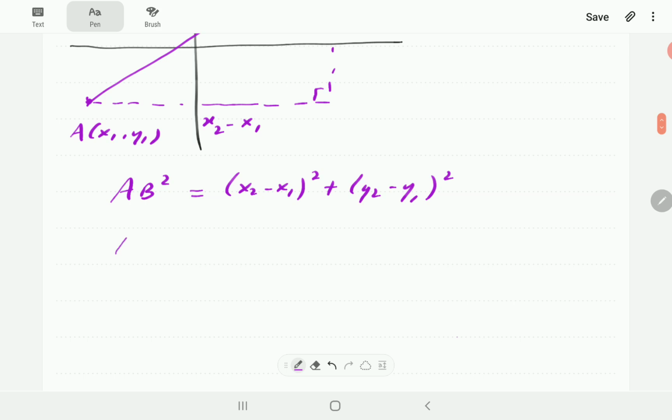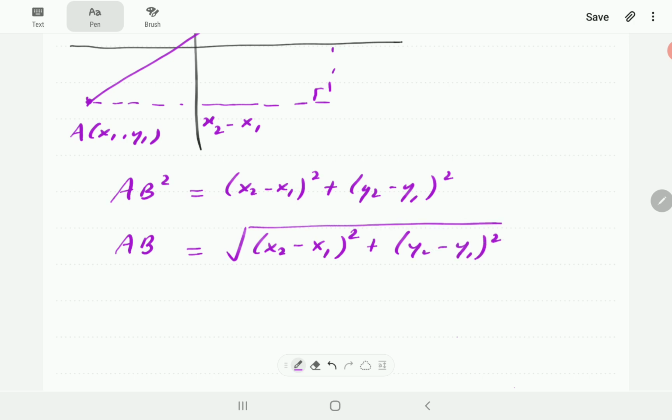Then taking square roots on both sides tells us that the length of the straight line from x1, y1 to x2, y2 is going to be the square root of x2 minus x1 all squared plus y2 minus y1 all squared.